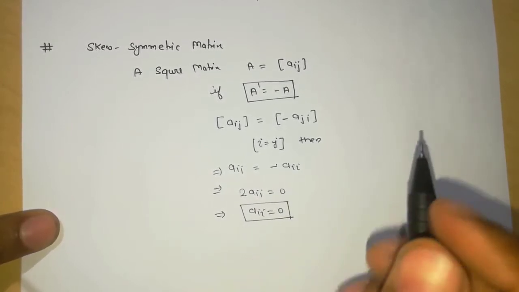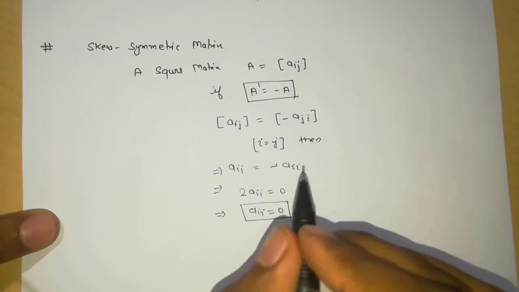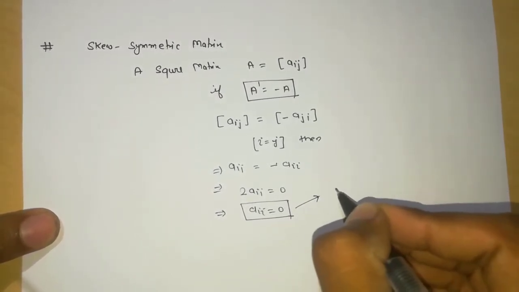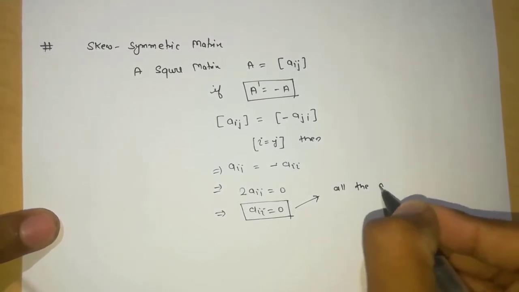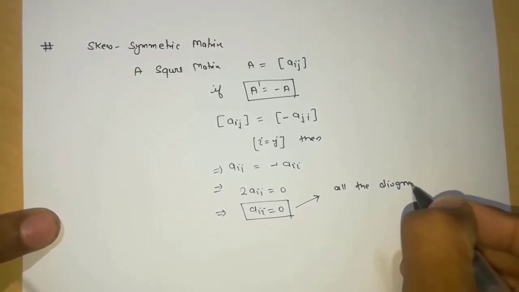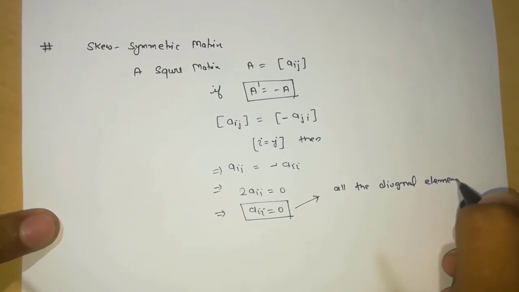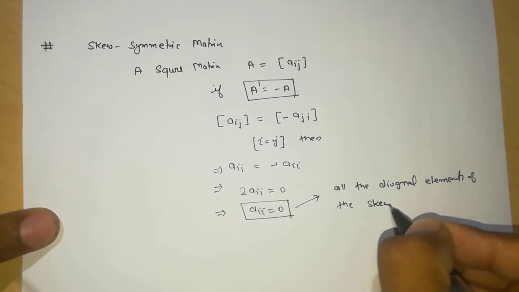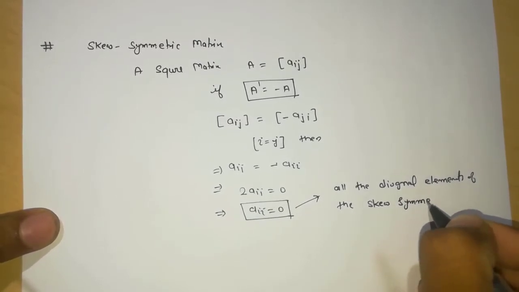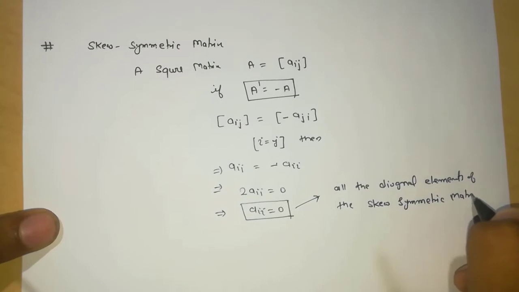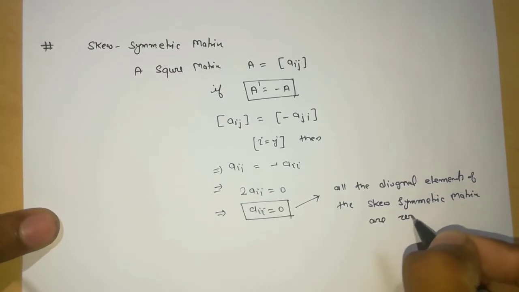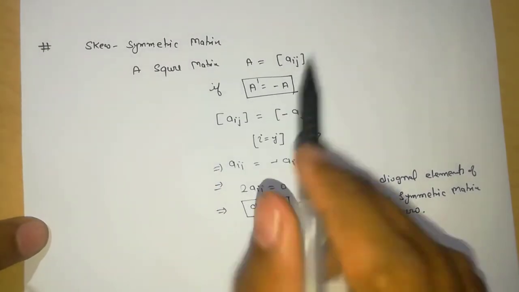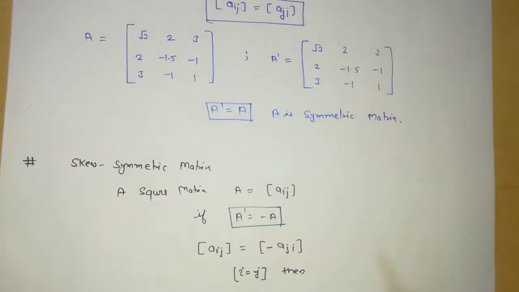So that means all the diagonal elements of the skew symmetric matrix are 0. This is the condition of the skew symmetric matrix, and that is the condition of the symmetric matrix.